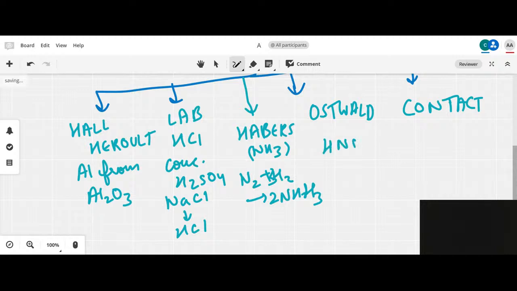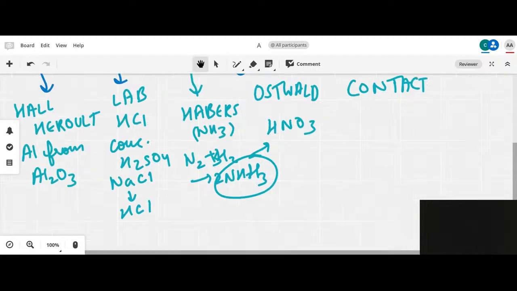Ostwald process is for making your HNO3. How is HNO3 made in the Ostwald process? Think. So what do we do in this Ostwald process?